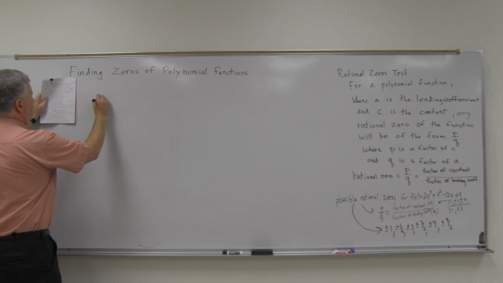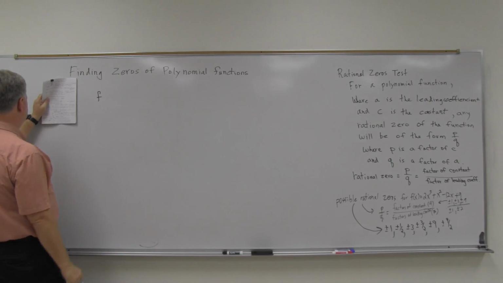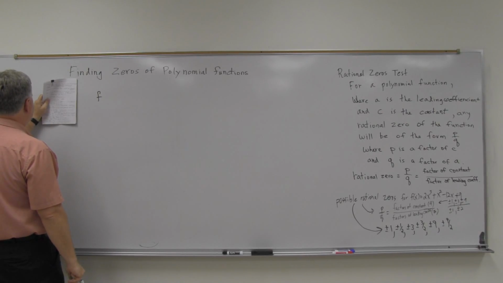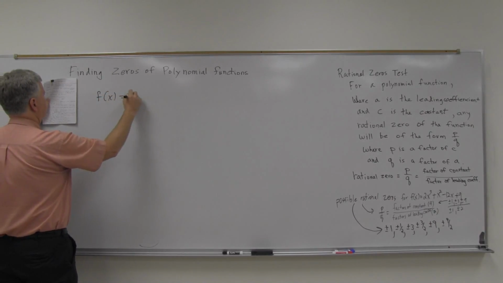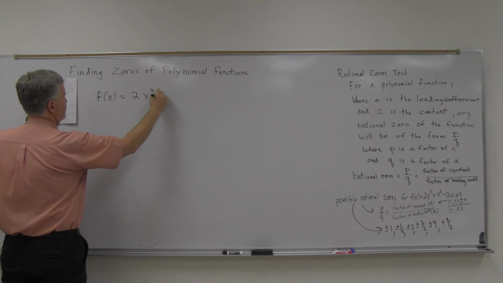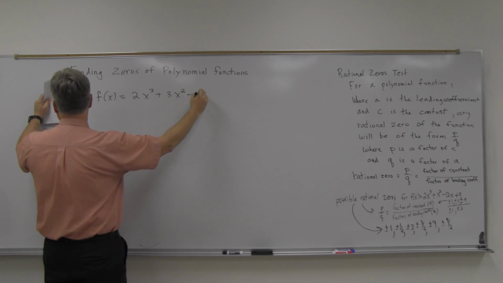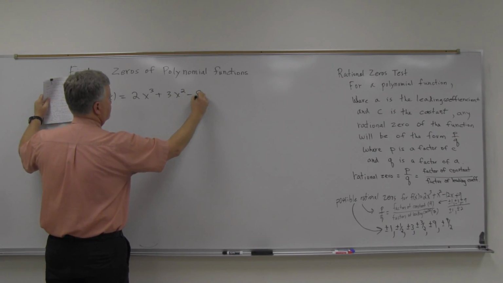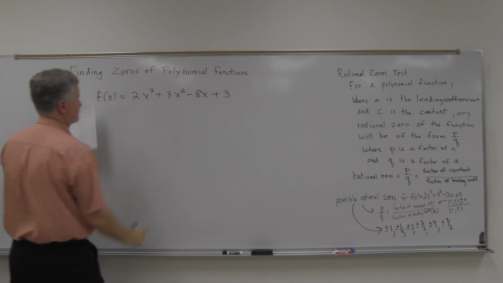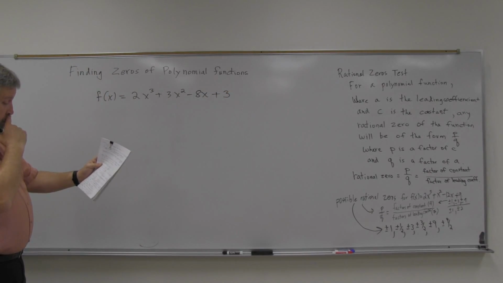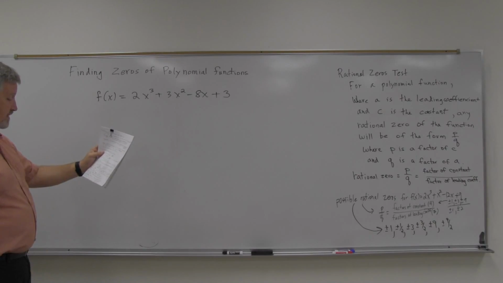Okay, so let's take a function here. It's f of x equals 2x cubed plus 3x squared minus 8x plus 3. Make sure that's right. I've got my paper, so we'll go with that.